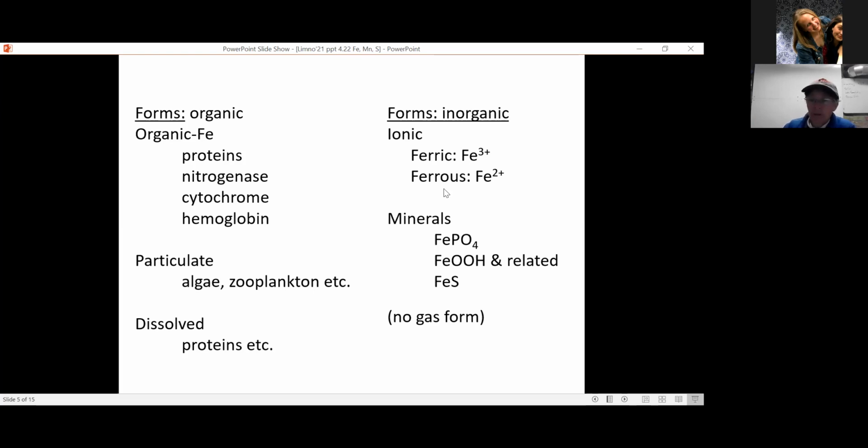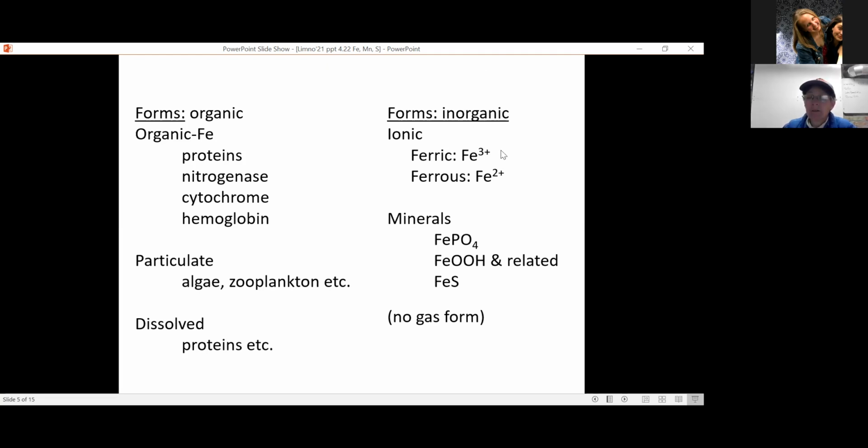Fe2 is ferrous. Ferrous is more reduced. This is important, right? Being reduced means gaining electrons. Electrons are negatively charged. So ferrous has a lower positive charge than ferric.